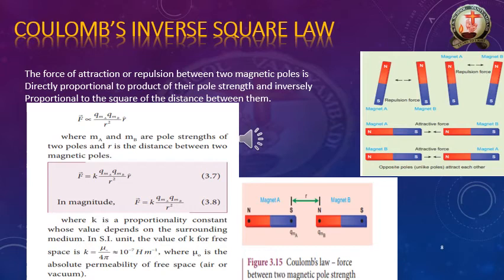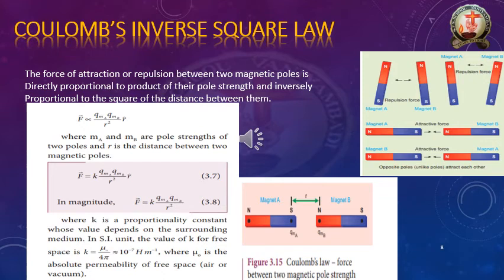Now you can see the statement of Coulomb's inverse square law. It is similar to Coulomb's law in the electrostatics chapter. So please see the statement. The force of attraction or repulsion between two magnetic poles is directly proportional to the product of their pole strengths and inversely proportional to the square of the distance between them.